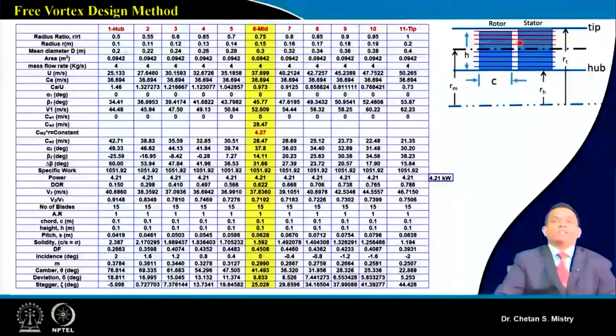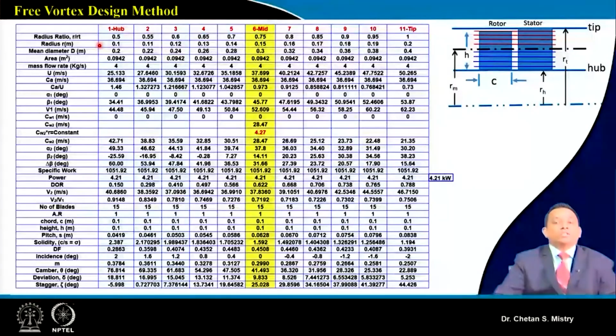Based on our understanding, we have also done our calculation at the hub as well as at the tip, because those radii are known to us. Now what we need to do is divide this radius into an equal number of stations. Here we have taken 11 stations.